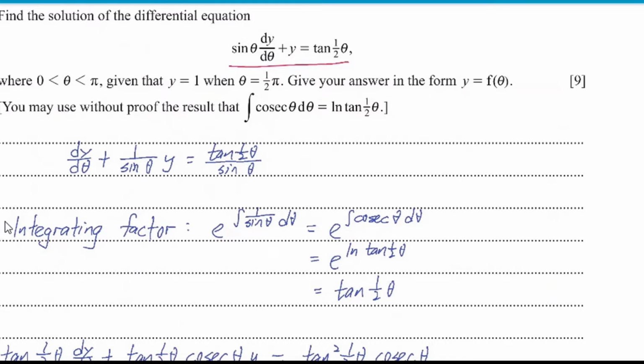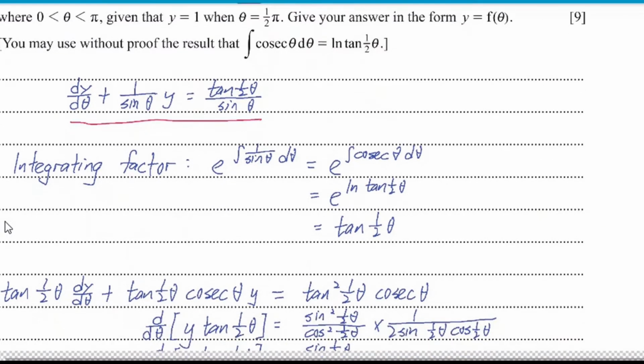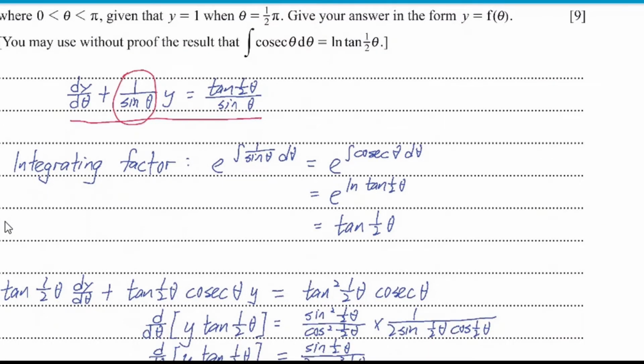If it is not in the standard form, then we have to divide by sine theta. Once we divide by sine theta, we take the coefficient of y to integrate. So we put it as e to the power of the integral of the coefficient of y. Basically, 1 over sine is cosecant.